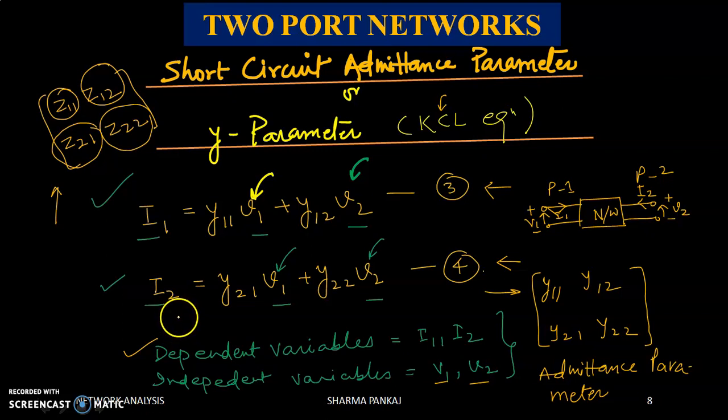Likewise, in this Y parameter, when we have a KCL equation, we'll keep our current and will ensure that voltage becomes 0. Let us understand how it is done. This is your port.